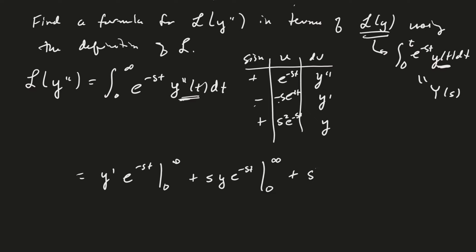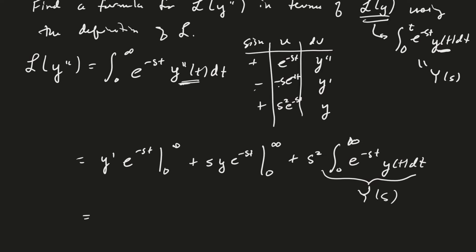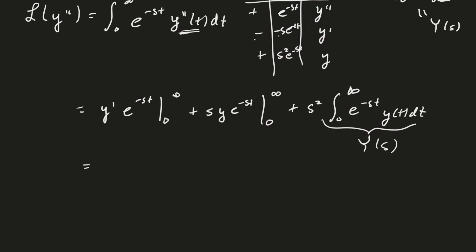And then we have plus s squared times the integral from 0 to infinity e to the minus st y of t dt. Good, and so this is your Y of s. Good. Now, what has to happen as little t goes to infinity of y prime times e to the minus st?